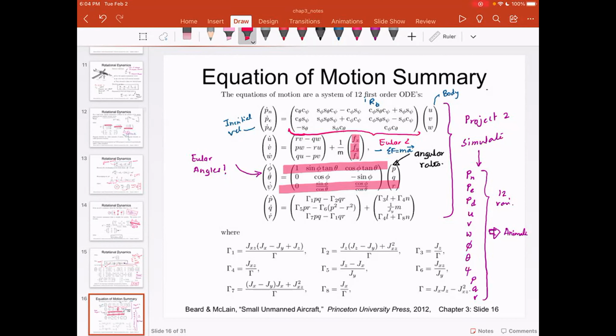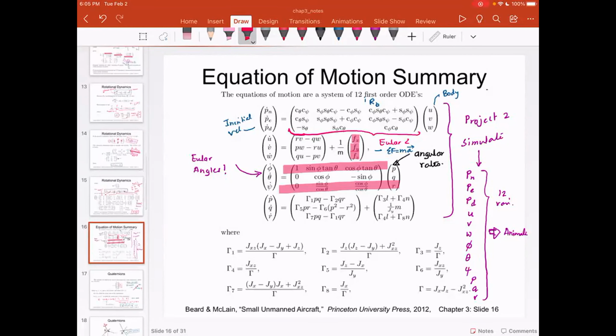These 12 equations were integrated numerically using Matlab with appropriate initial conditions, and that led to the animation, and we saw that animation. And as you know, Jx, Jy, Jz are the moments of inertia, and you used the moments of inertia corresponding to the Zagi airplane, and then it showed the simulation.